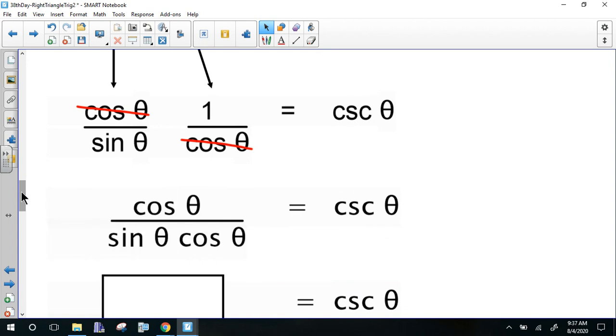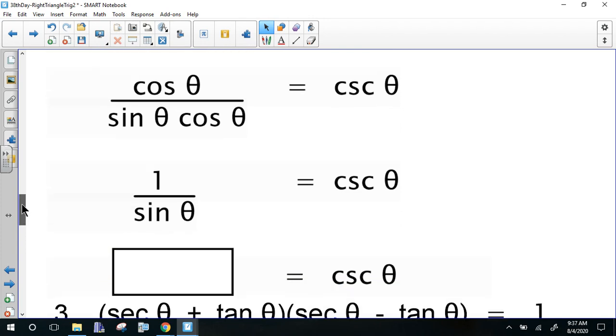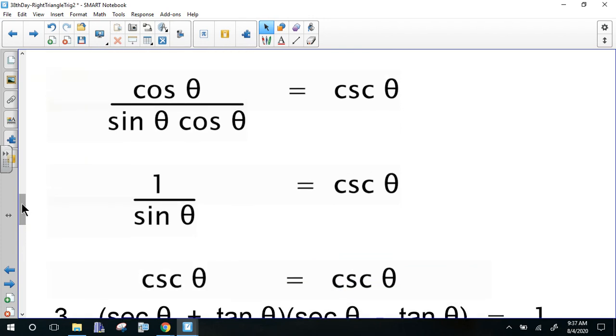We have 1 over sine, which is cosecant. So cosecant equals cosecant. That's what we need. This will get easier as you learn all of the identities.